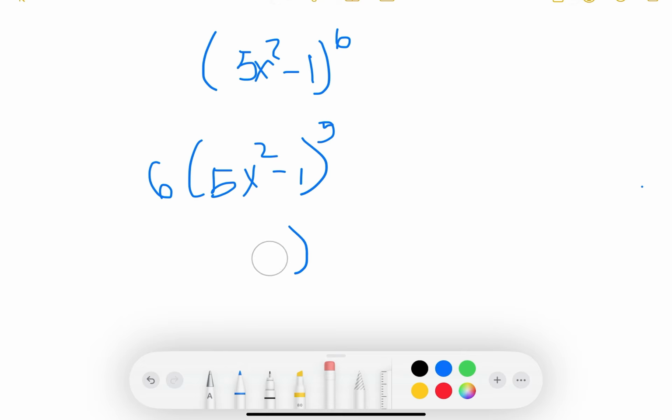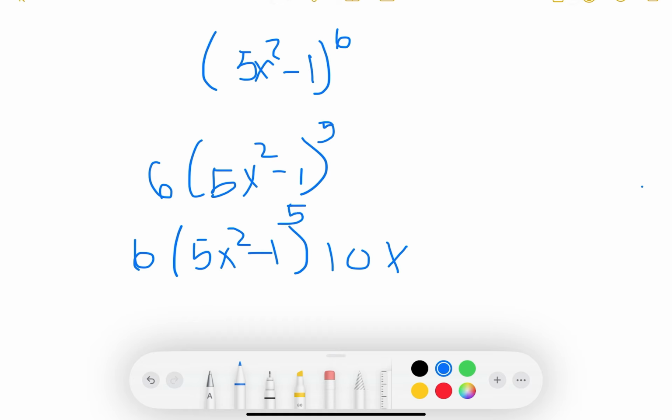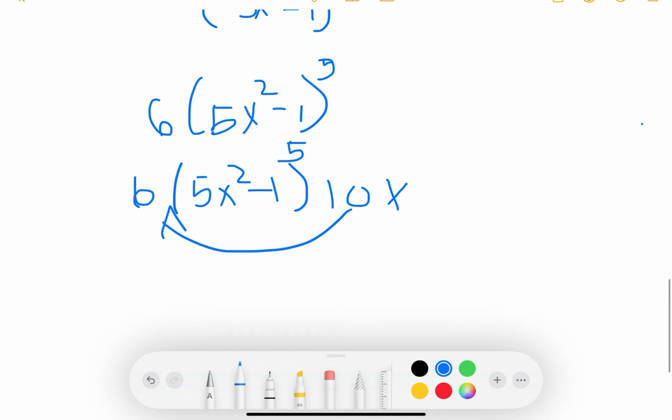I think it's like that, actually. So it'll be 6 times (5x squared minus 1) to the 5th, and then we have 10x. Don't forget to always break down your exponent, and then just combine them. Then you're just going to have 60x times (5x squared minus 1) to the 5th.